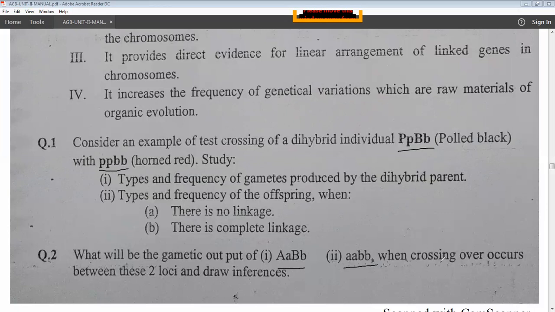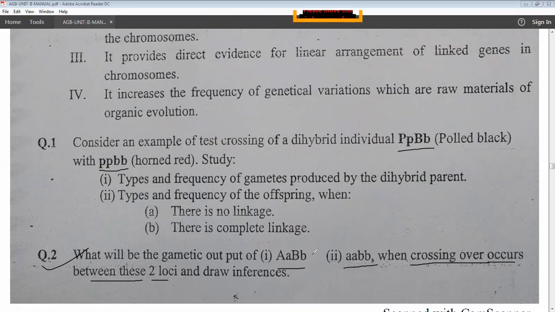If they are saying that crossing over occurs between the two different loci, so now the crossing over is there. We do not know whether it is a no linkage situation or an incomplete linkage situation.